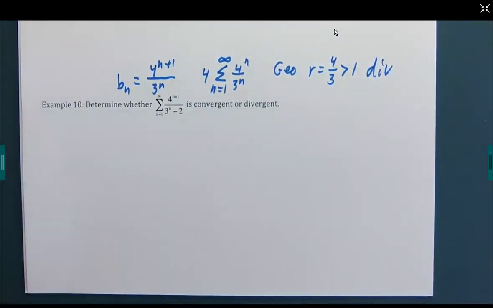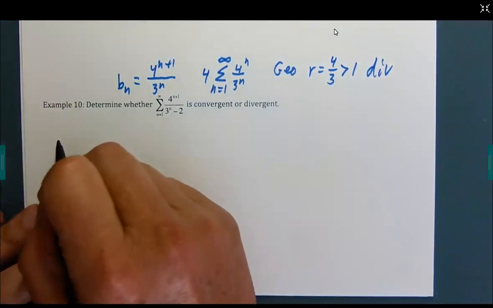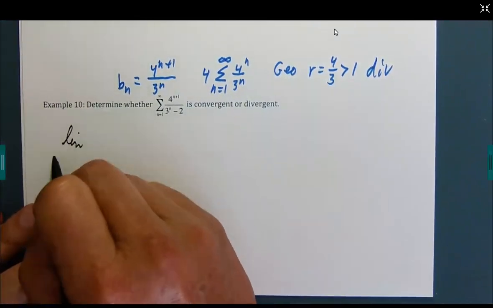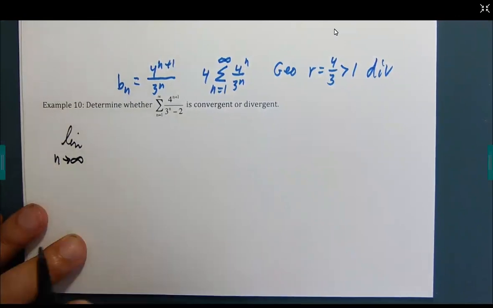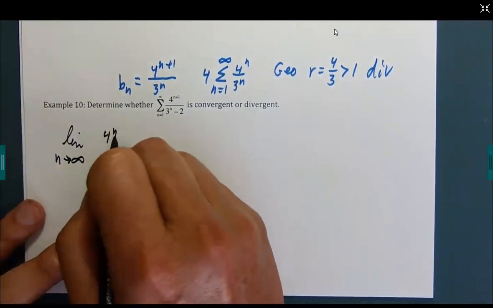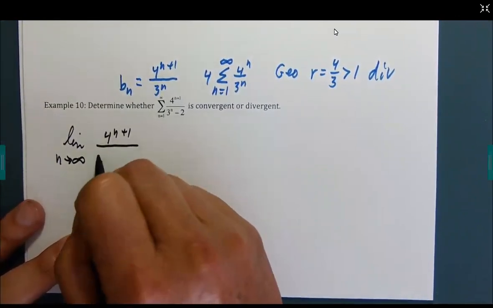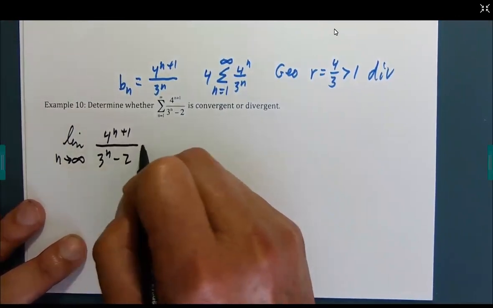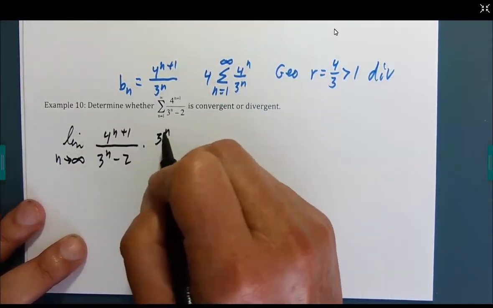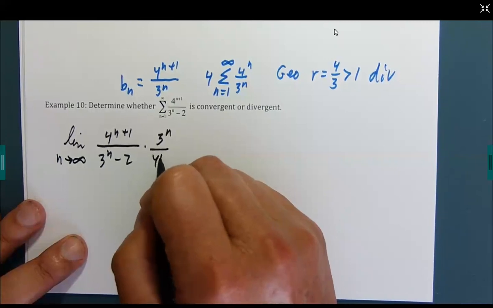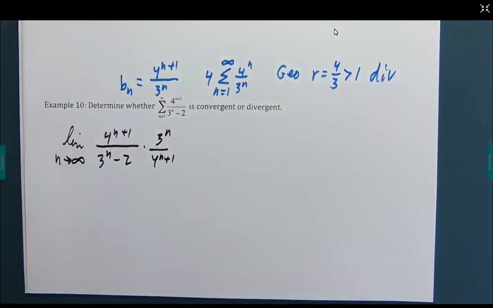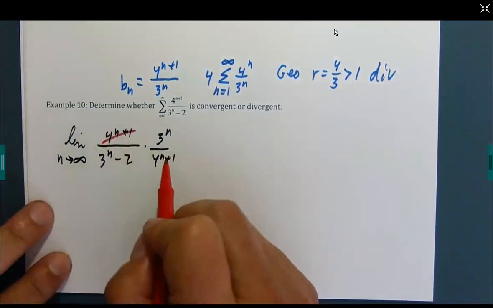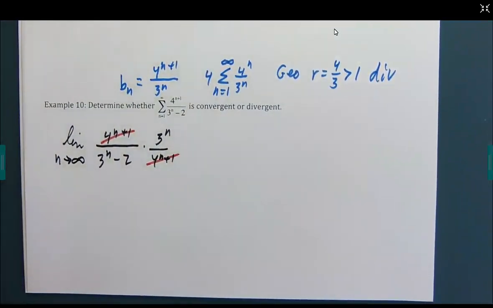So when we run our limit, over, times 3 to the n over 4 to the n plus 1. Actually, very nicely with this one, those reduce out completely. And you can see we have 3 to the n over 3 to the n.